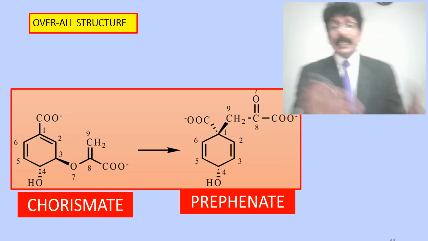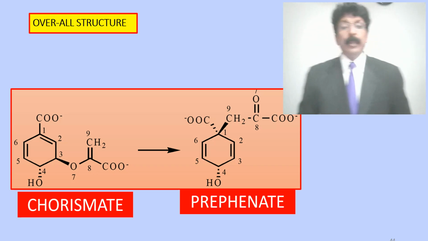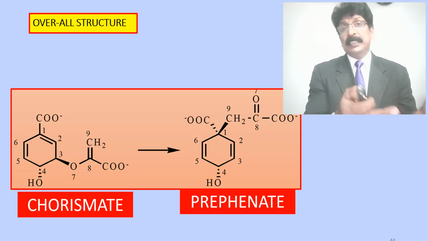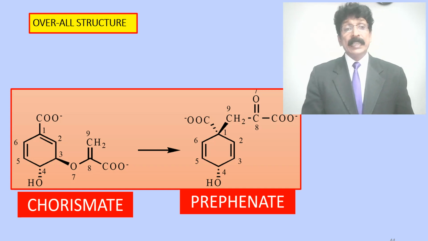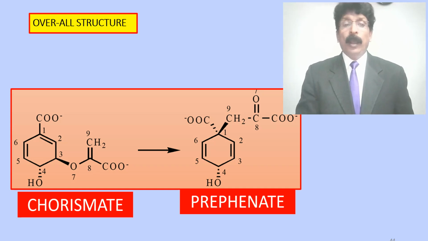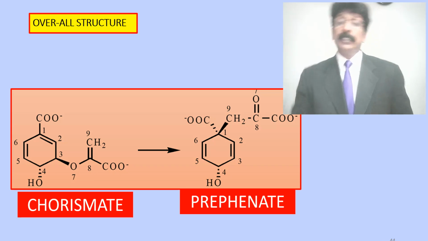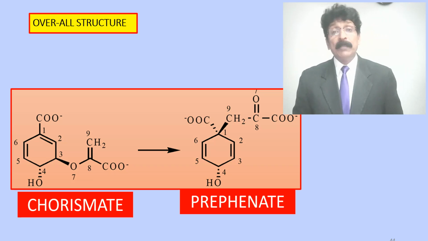So chorismic acid or prephenic acid, as we have told, if you put H it becomes an acid in the name. So chorismate, you see 1, 2, 3, 4, 5, 6 in the aromatic structure, which is attached with the 7th O and 8th carbon atom and 9th carbon atom COOH, and shifting from the third position directly to the first position. See the 9th carbon atom CH2, C double bond O, 8th carbon atom and COOH.